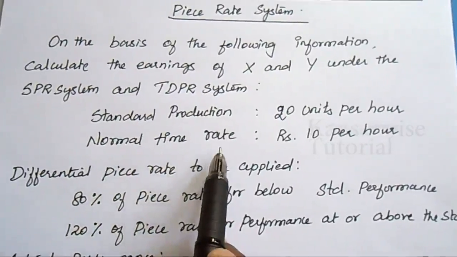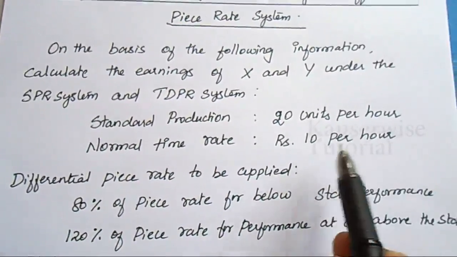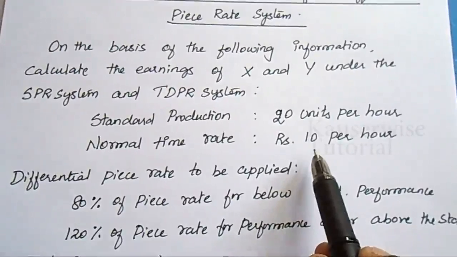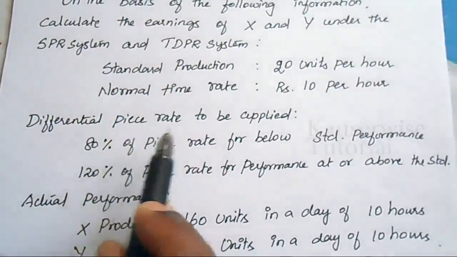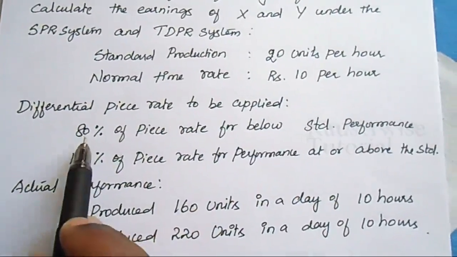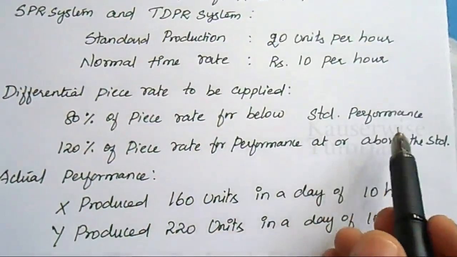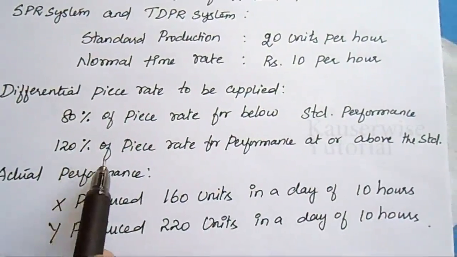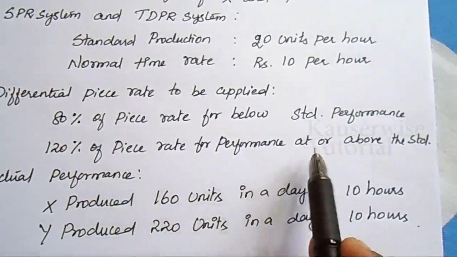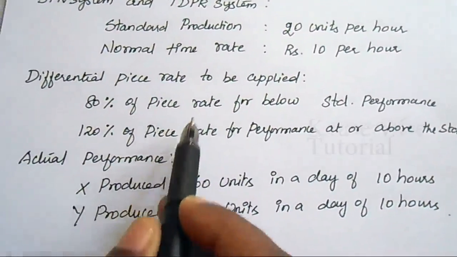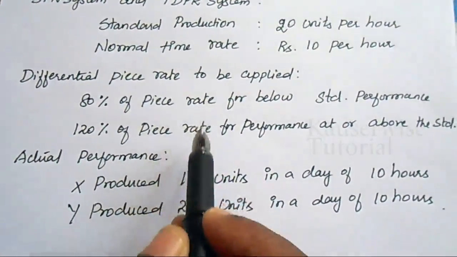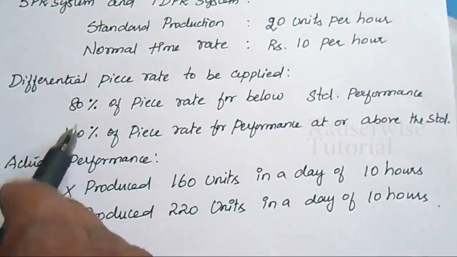And normal time rate is 10 rupees per hour. So every hour they can get 10 rupees. Differential piece rate to be applied: 80% of piece rate for below standard performance and 120% piece rate for performance at or above the standard. I have already explained, Taylor's differential piece rate is applicable based on these two conditions.